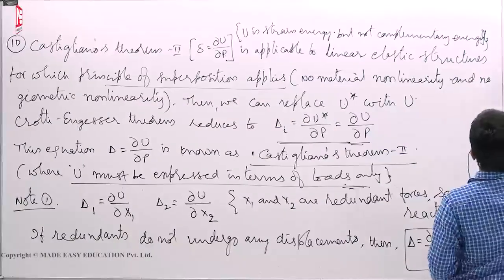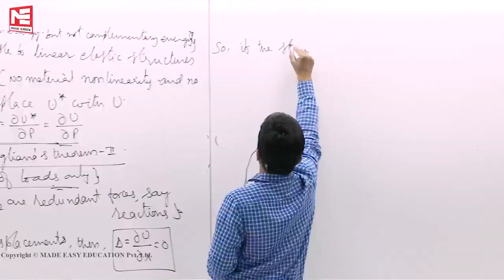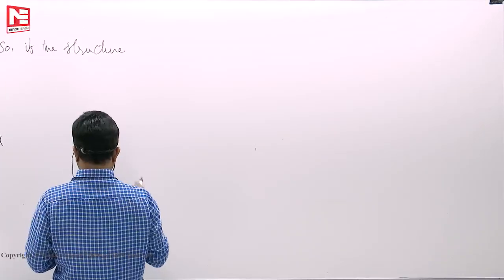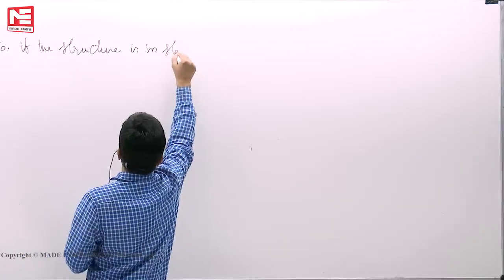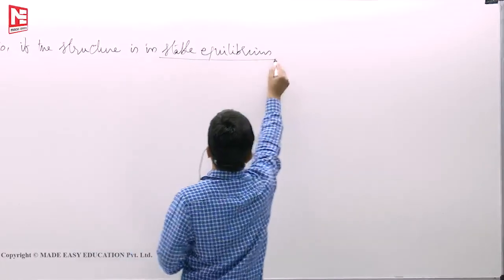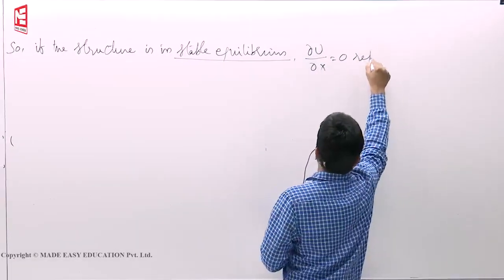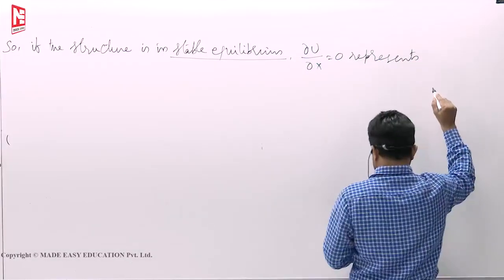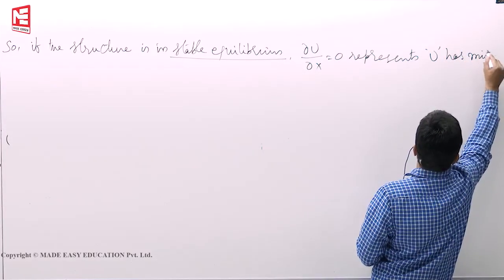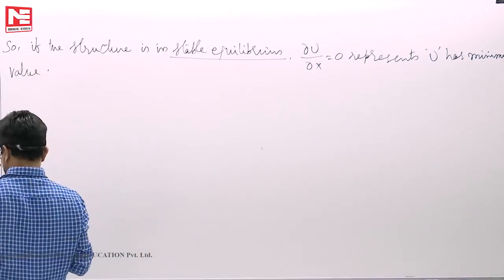So if the structure is in stable equilibrium, dou U by dou x equal to 0 represents that U has minimum value. Stable means minimum value.